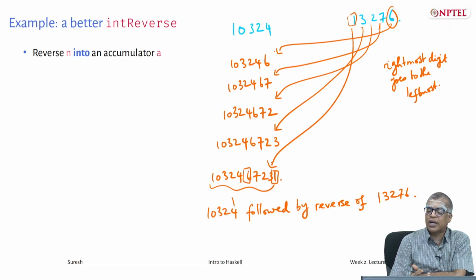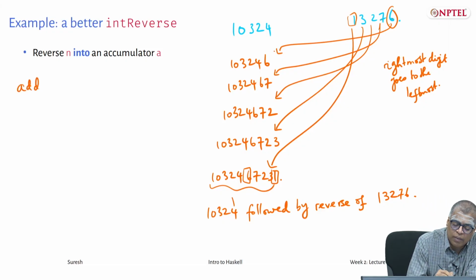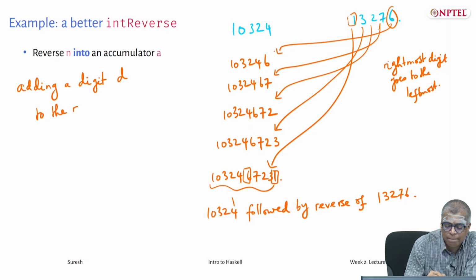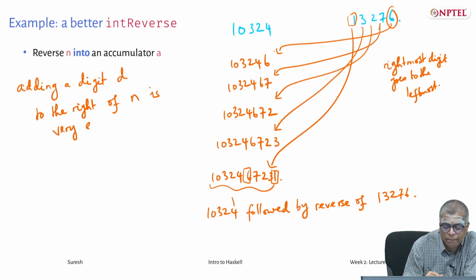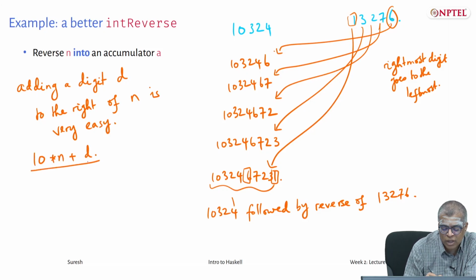Why do we want to use this idea? Because adding a digit, call it d, to the right of a number n is very easy. What is it? It is nothing but 10 times n plus d. Right?